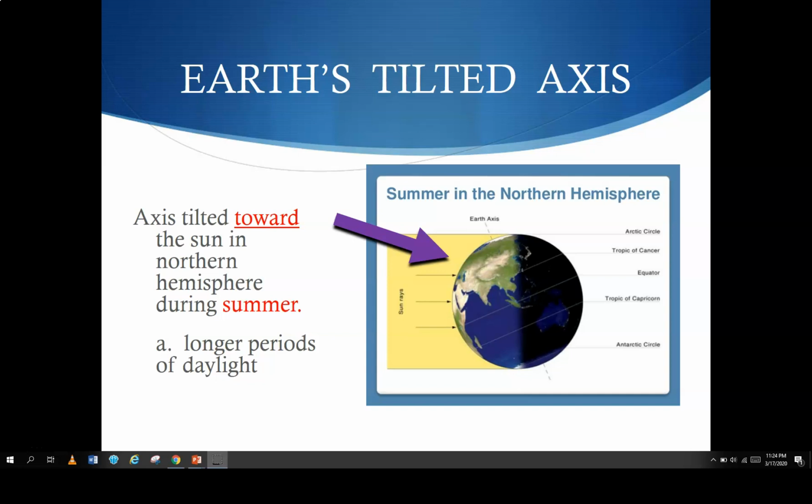That is because we're getting so much daylight and we are faced towards the sun. We're getting a whole bunch of daylight hours, and it's pretty much day for most of our day, if you think about it that way. It doesn't get dark until very, very late because that is when we are receiving the most amount of daylight.